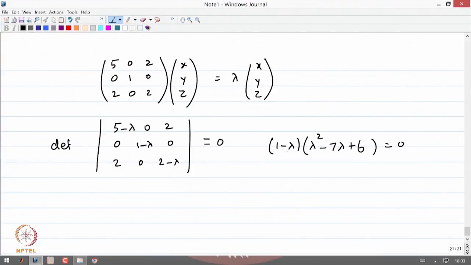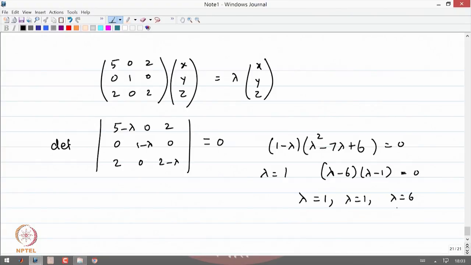This is easy for you to verify. Just expand the determinant along a row or a column. You will see a cubic equation, and this cubic equation is factorizable into this. Quite obviously the solutions are lambda is equal to 1, and lambda square minus 7 lambda plus 6 is basically lambda minus 6 into lambda minus 1 is equal to 0.